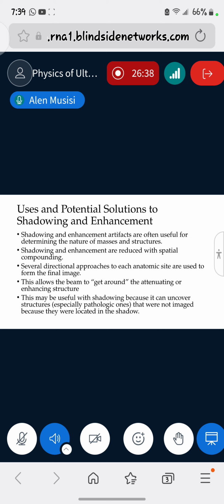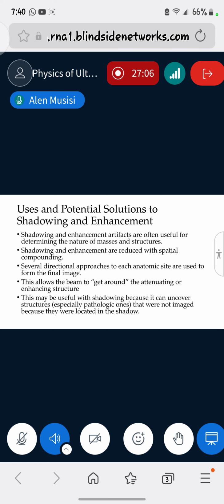So, uses and potential solutions to shadowing and enhancement. Shadowing and enhancement artifacts are often useful for determining the nature of masses and structures. Shadowing and enhancement are reduced with spatial compounding, as I told you, where several directional approaches to each anatomic site are used to form a final image.